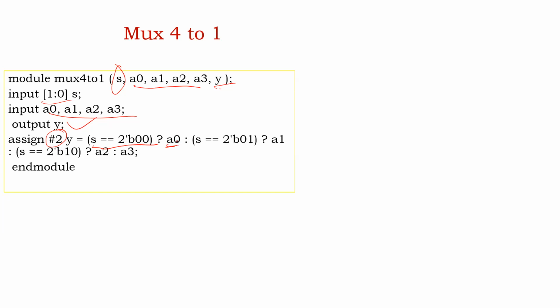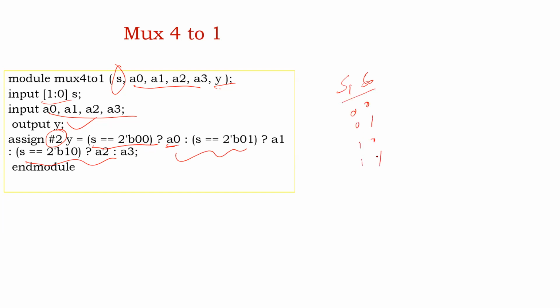Otherwise, what happened? Here, this will be an expression. S1, S0 can be 0 0, 0 1, 1 0, 1 1.